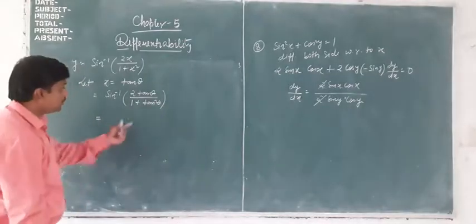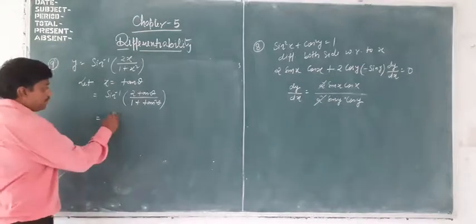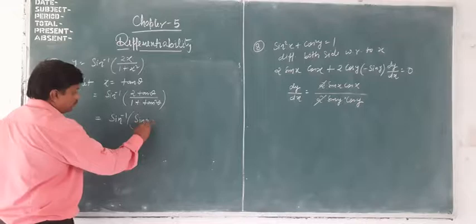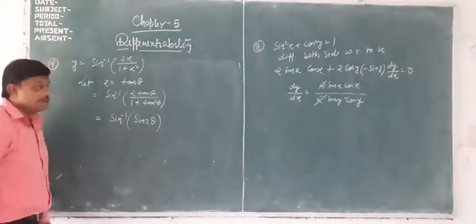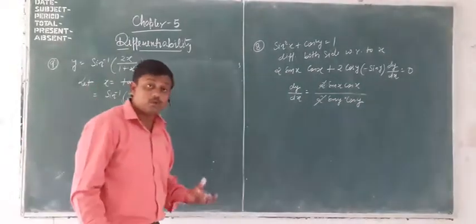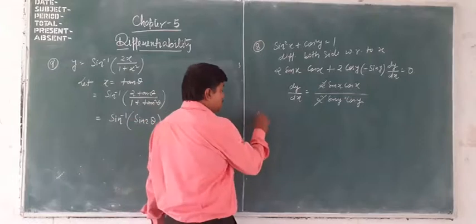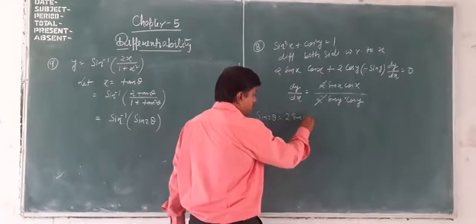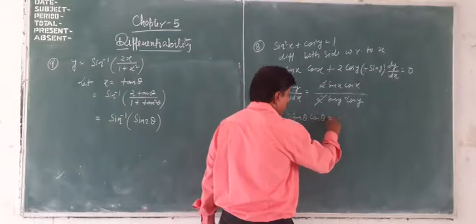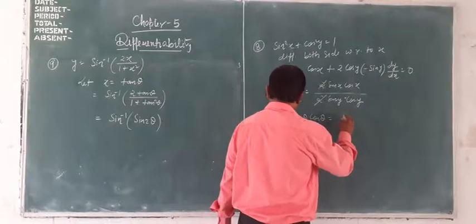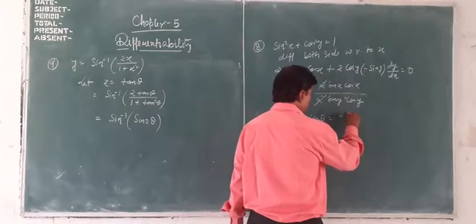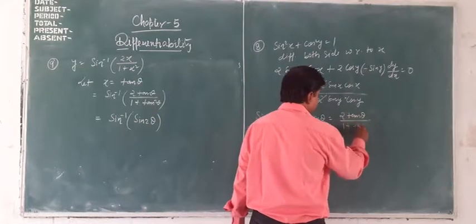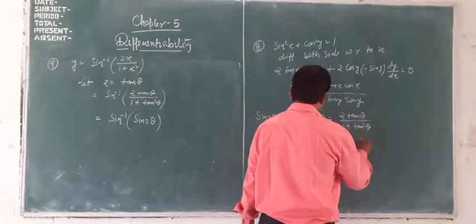So this is the result of sin inverse sin 2 theta. The result of sin 2 theta equal to 2 sin theta cos theta, or 2 tan theta divided by 1 plus tan square theta.